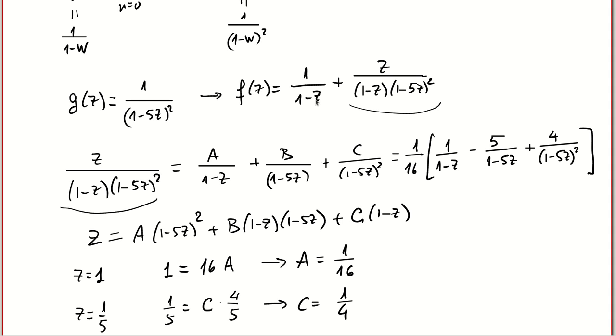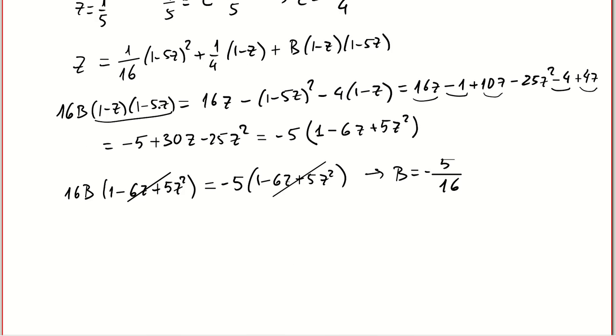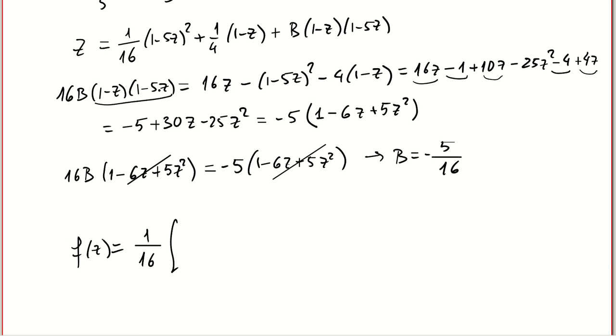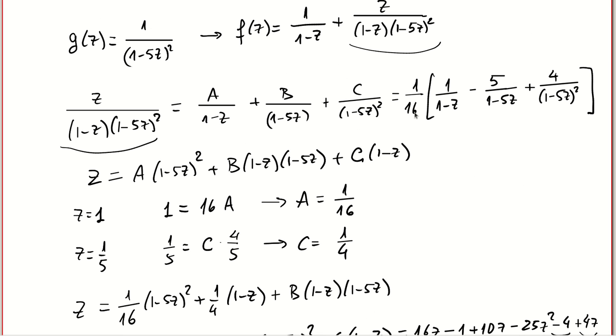So we have to add 1 over 1 minus z to this expression here. So finally, f is 1 over 16 multiplying, if I add 1 plus 1 over 16, this is 17 over 16.